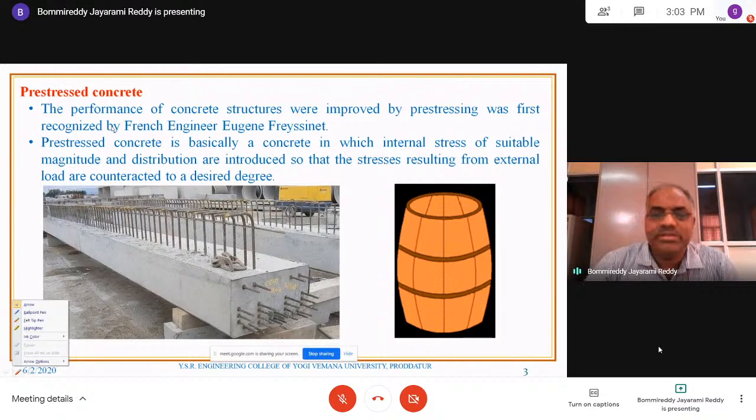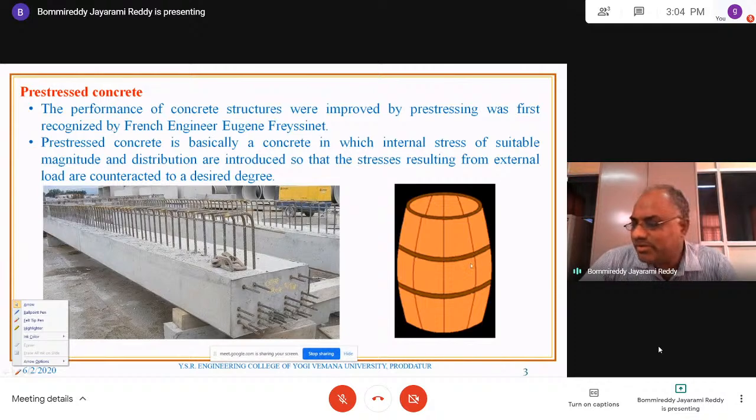Initially the concrete is induced with compressive stress, and after the application of the load, the same face is subjected to tensile stresses, and these two get balanced, and the resultant stress will be very nominal. It may be a small magnitude of compressive stress, or maybe zero stress, or a small magnitude of tensile stress that the concrete can resist. So that is the idea.